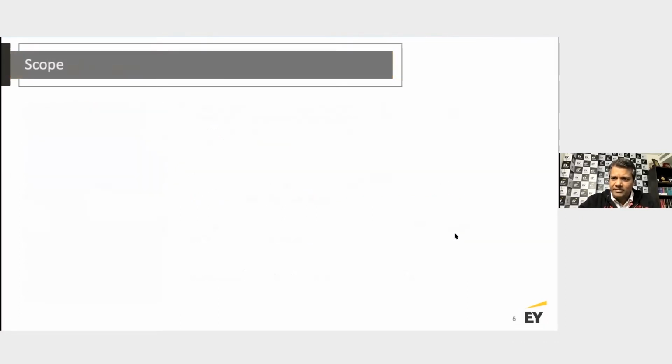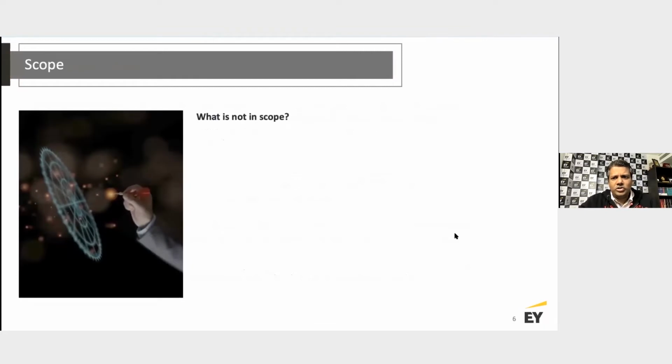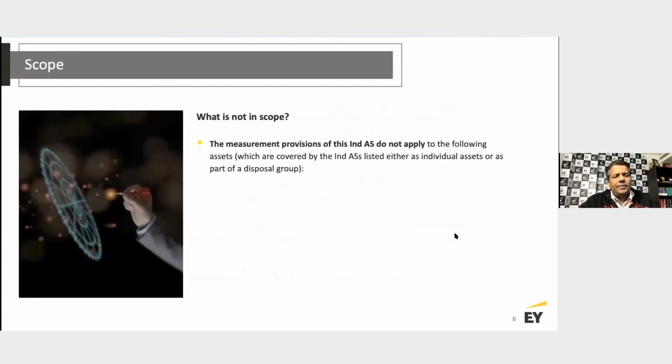What are the things, when we talked about this measurement guidance, which are not to be covered here? So what's not in scope? The measurement provision of this Ind AS, Ind AS 105, do not apply to the following assets. What are those assets?